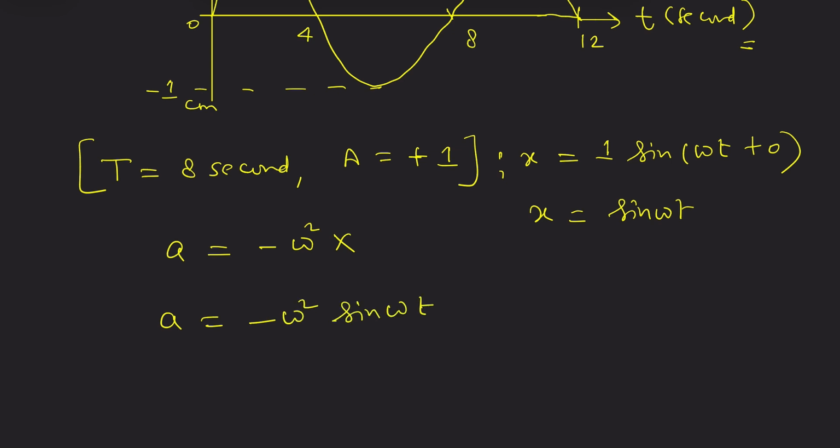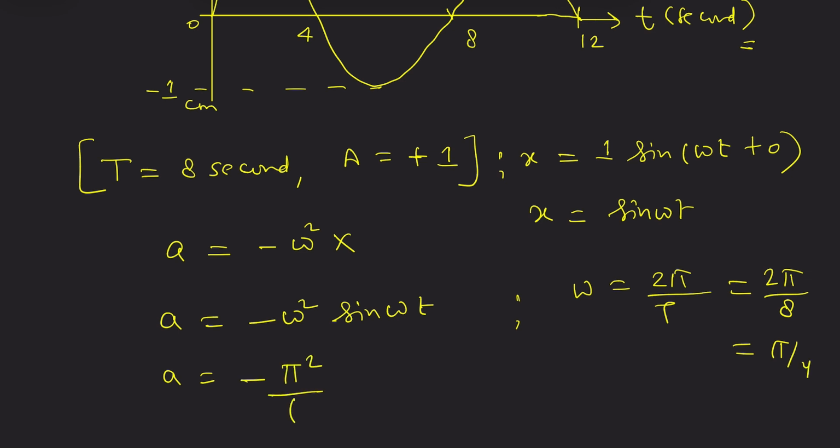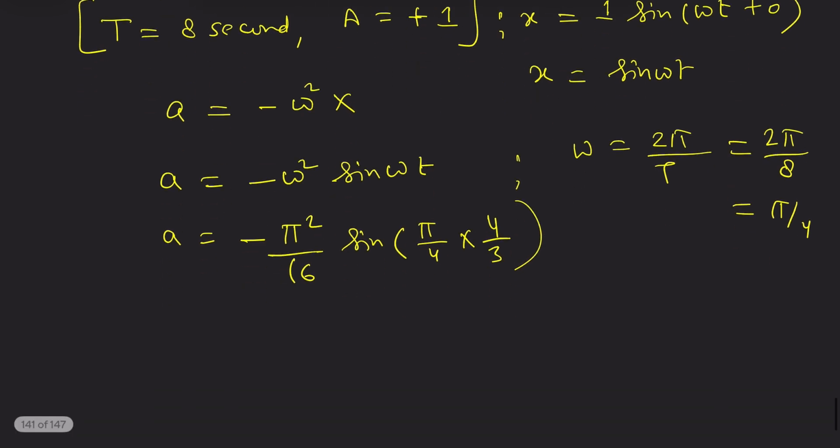Now let's put the values of omega square and everything. We know that the time period is 8 seconds. So omega is nothing but 2 pi by T, which is 2 pi by 8, which is pi by 4. So it will become minus pi square divided by 16 into sine of omega t, where omega is pi by 4 and t is 4 by 3, the time at which we have to find the acceleration.